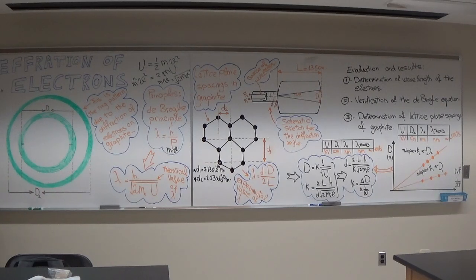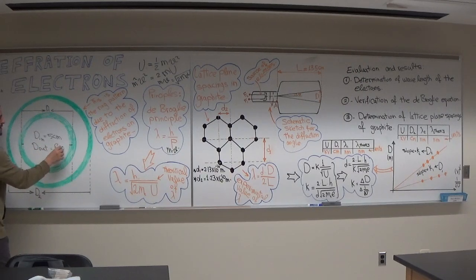So if the inner diameter, d in, is equal to 5 centimeters, for example, and if d out is equal to 6 centimeters, if I do d out minus d in, that will give me 1 centimeter.